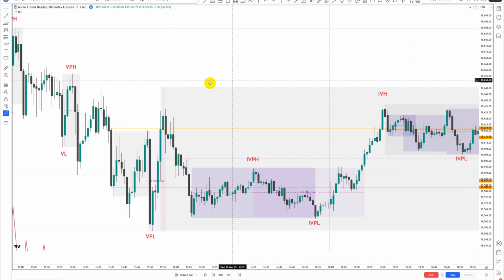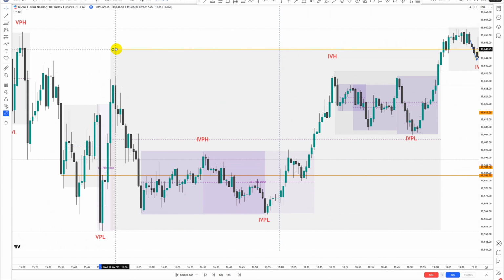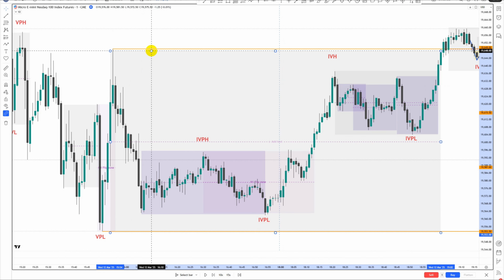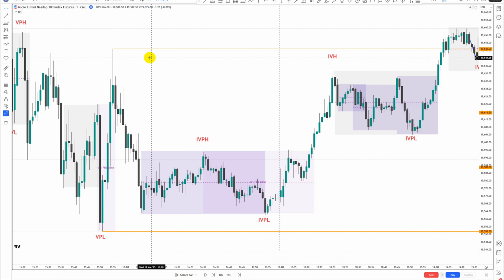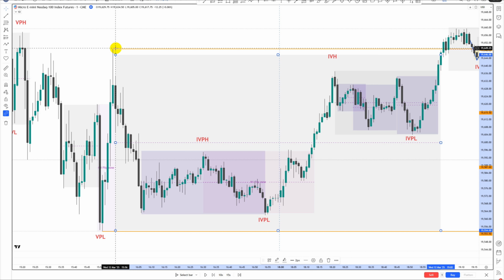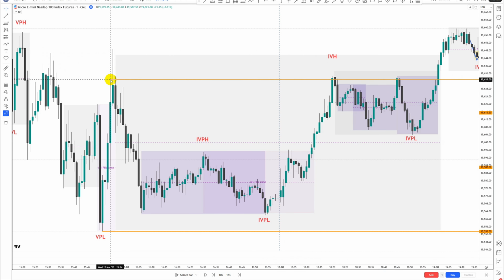But this one is broken from upside. We don't consider this a valid pullback. The candle we are considering is this one, a closing candle, and the other candle is this one, a down closing bearish candle.